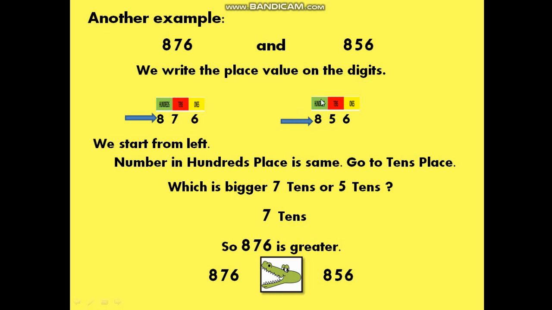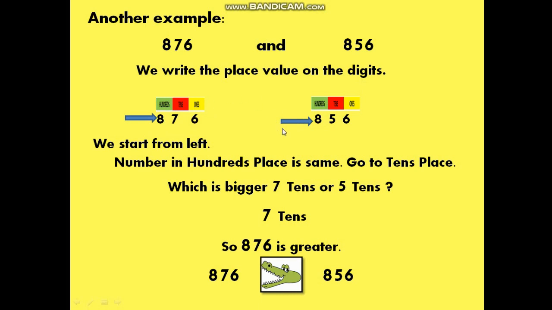Let's take another example. The numbers are 876 and 856. Now, what is the similarity between these two numbers? The digit at the hundreds place is the same. So first of all, we are going to put the places on them: 1, 10, 100. Here also 1, 10, 100. Now we start comparing from the left side.